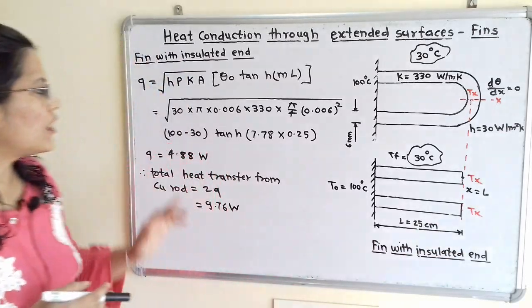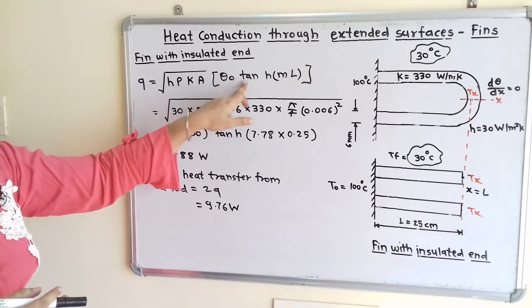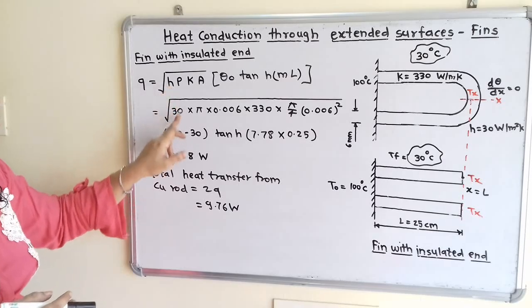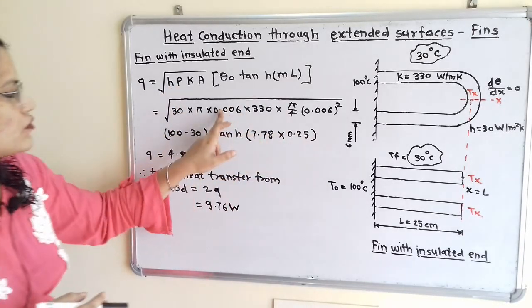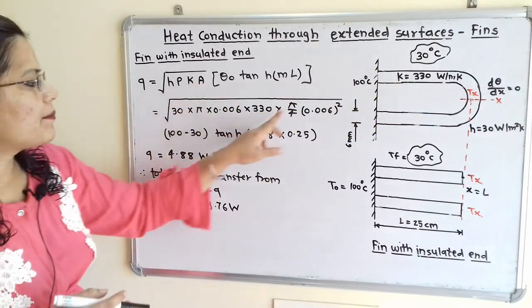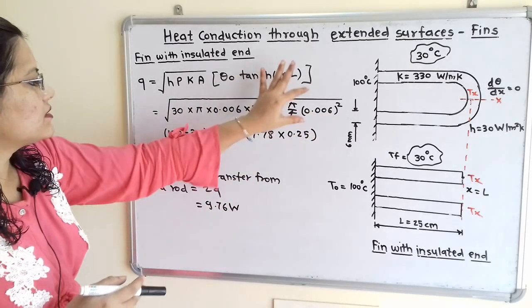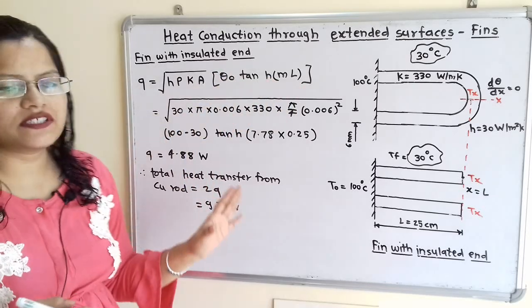We have the formula Q equals under root of hPkA times theta O times tanh(mL). So we will put the values. The H value is there, P is pi into D, where D is 0.006 meter. The K value is given. Then area is pi by 4 D square. Outside this under root we have the term theta O. What is theta O?